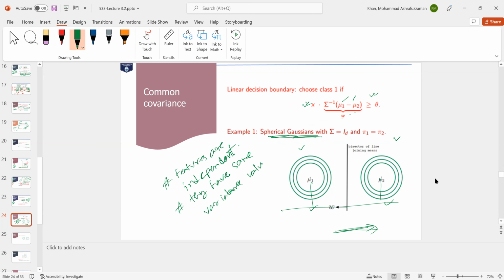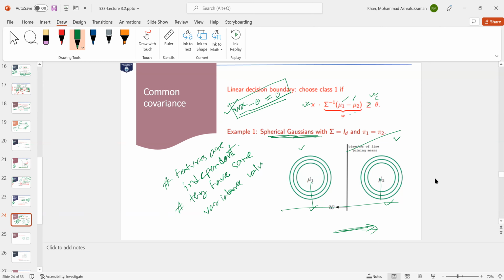It's looking like Wx minus theta equals 0, because at the boundary it will not be greater than, it will not be less than, it will be equal to 0. So we know this is an equation for a linear line or linear plane. That means we will have a decision boundary that is linear.